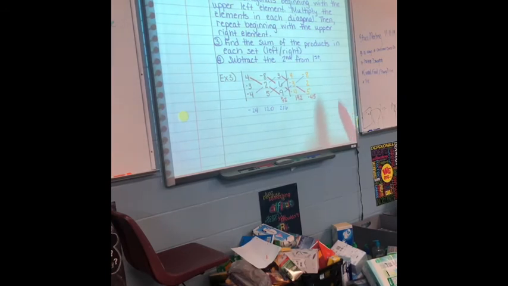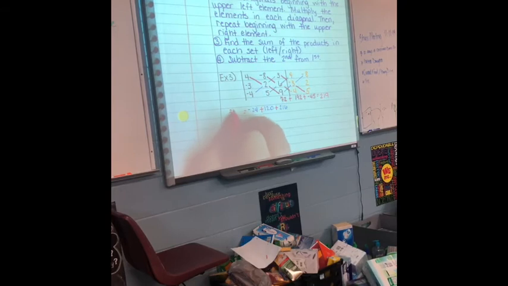Okay. Step 3, we're going to find the sum of the products in each set. So note that I wrote mine in 2 sets here, the left side and the right side, right? So I'm going to add 72, 192, and -45, and that's going to give me 219. And then I'm going to add 216, 120, and -24, and that's going to give me 312.